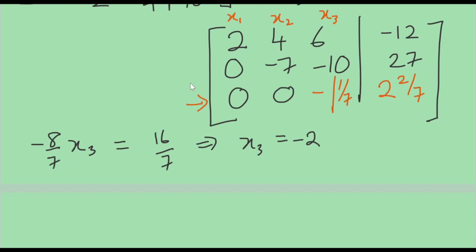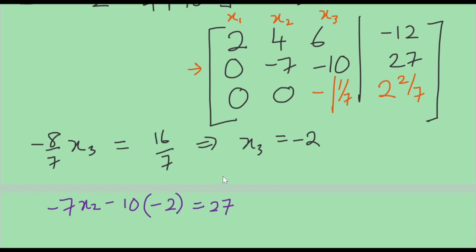Let's consider the second row. Negative 7x2 minus 10x3. So we plug in the value of x3, negative 2, equals 27. Negative 10 multiplied by negative 2 gives us 20.